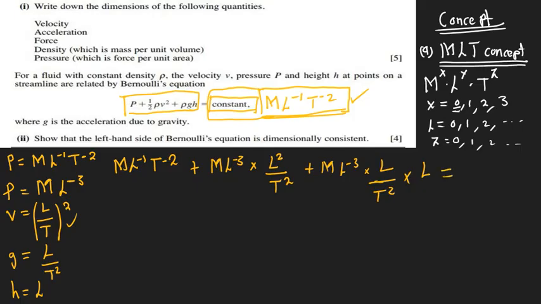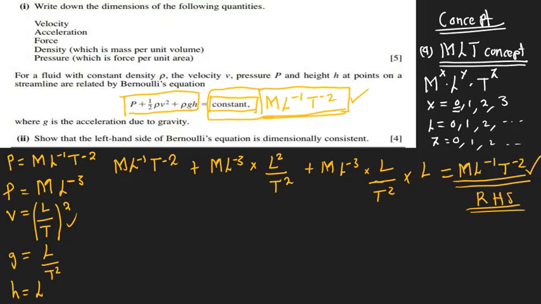Then everything should be equal to M L -1, T -2. We have this on the right hand side. These are the dimensions for this particular equation if you've calculated everything. But we are trying to prove that this formula is dimensionally correct by solving the left hand side, making sure that we have these particular units. So let's begin to solve.